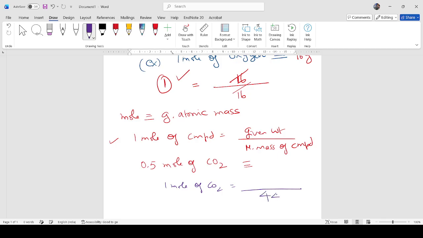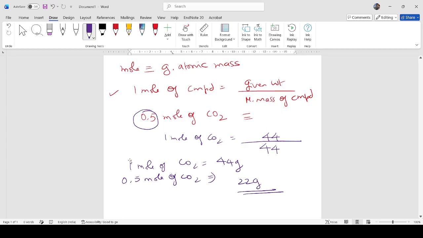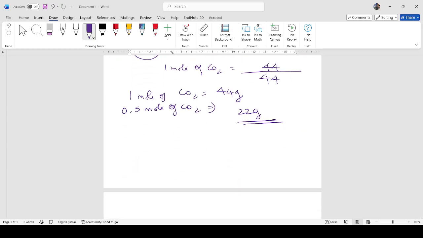The molecular mass of carbon dioxide is 44, so the weight should also be 44. But you said it is 0.5 moles. So 1 mole of carbon dioxide is 44 grams. Then what about 0.5 moles? It is half of it, which is nothing but 22 grams. Understood?